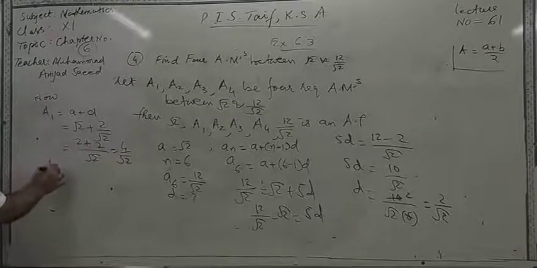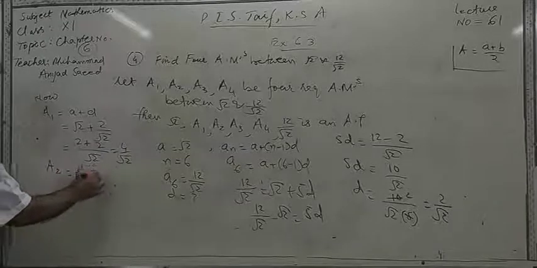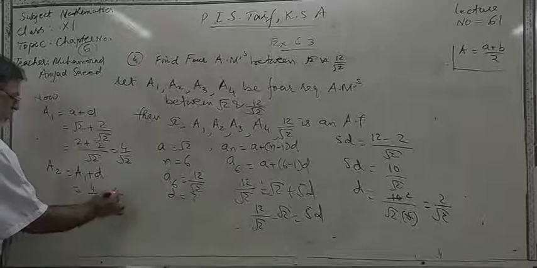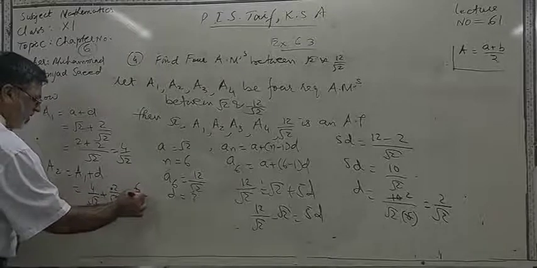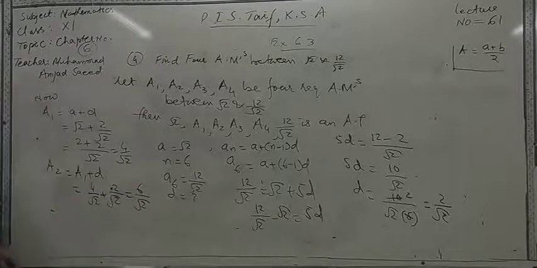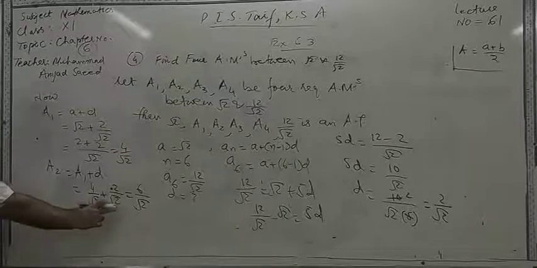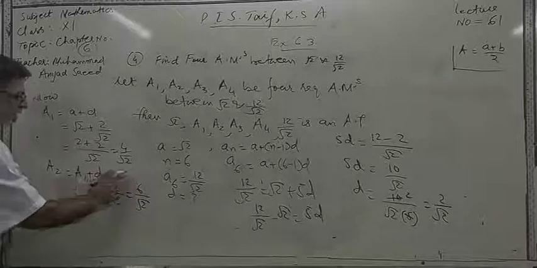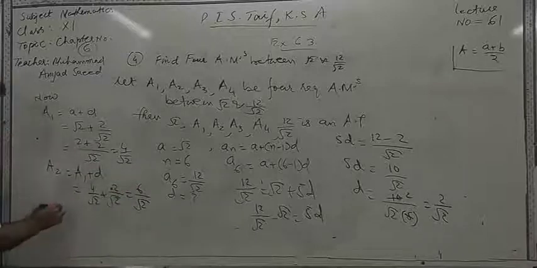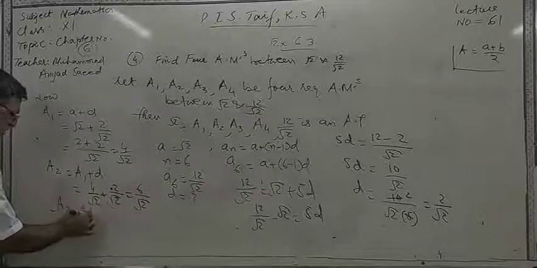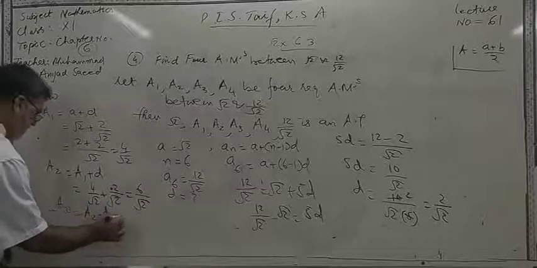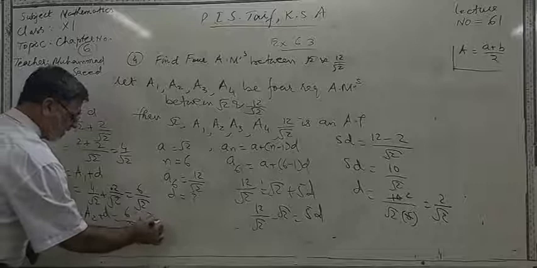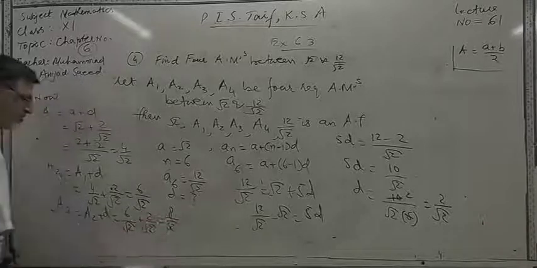And A2 is equal to A1 plus D, that is 4 over root 2 plus 2 over root 2, that will be 6 over root 2. If the denominator is the same, you can write it as it is and simply add or subtract the numerators. A3 is equal to A2 plus D, this is 6 over root 2 plus 2 over root 2, that is 8 over root 2.